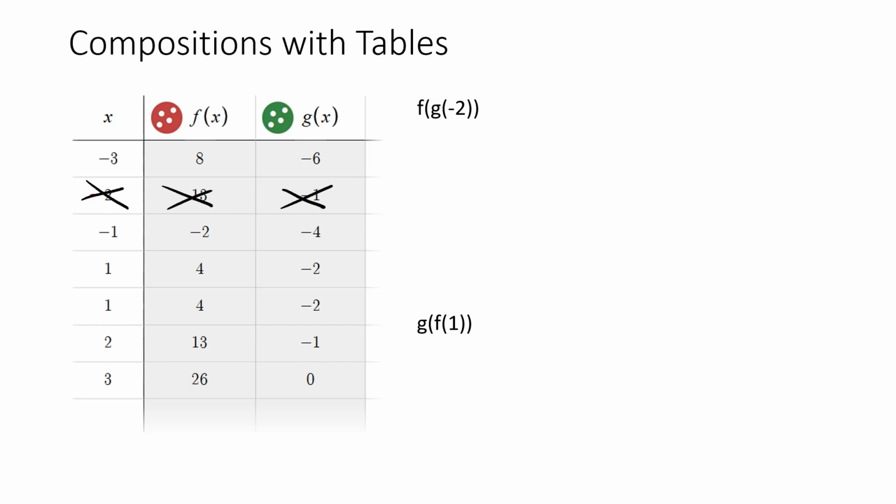Oh, this is a terrible table, bad enough that I wanted a 0 there. All right, so pivot, let's see, let's do f of g of 2.